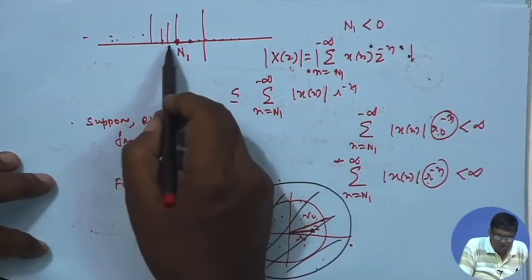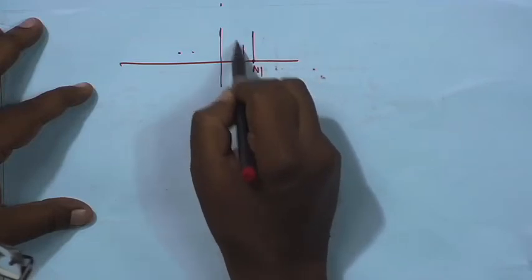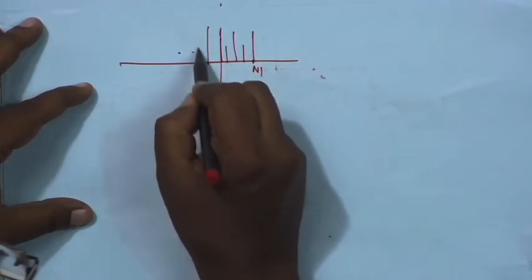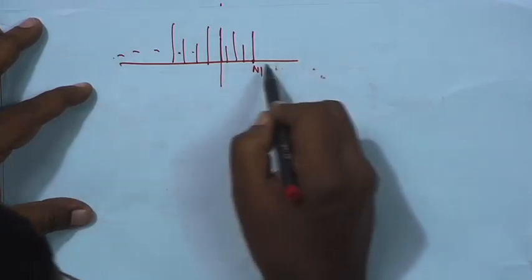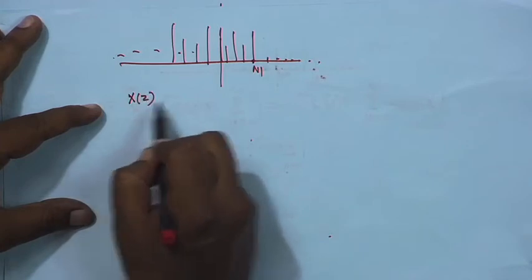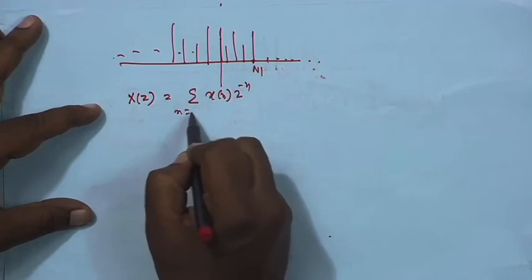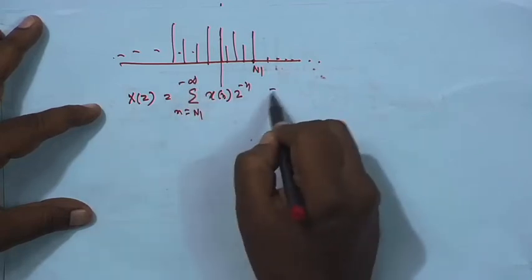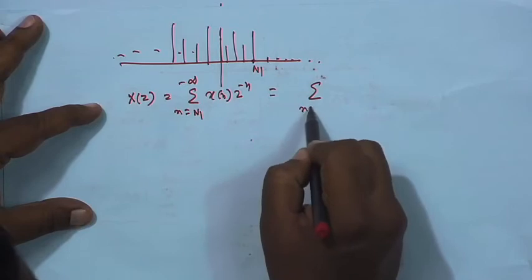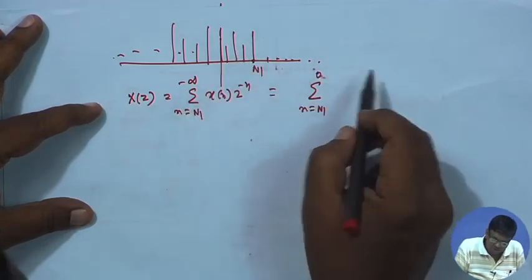Now, I will consider a sequence which will be left sided, okay, but we will start at a positive index, and then 0, 0, 0, 0. In this case, this summation you write as a summation of two components, n from n 1 down to 0, and then n from minus 1 to minus infinity.